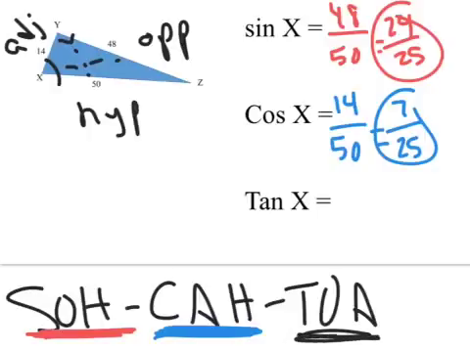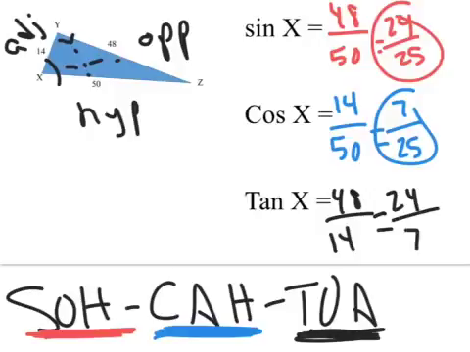And tangent, that ratio is opposite over adjacent. So the opposite side has a length of 48. The adjacent side has a length of 14. 2 goes into both. So 24 over 7. So the tangent of x is 24 over 7.